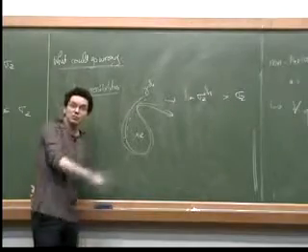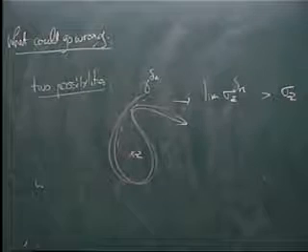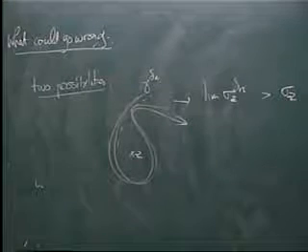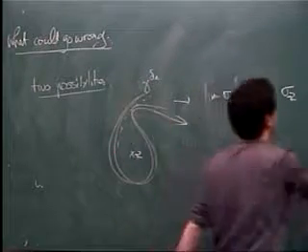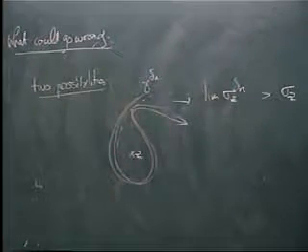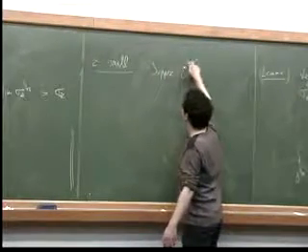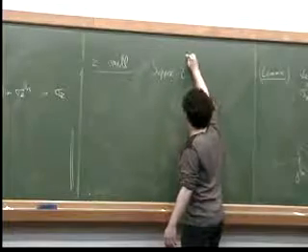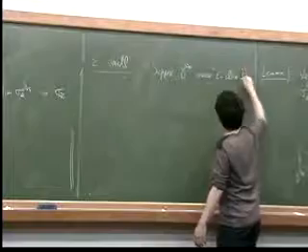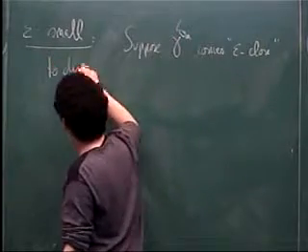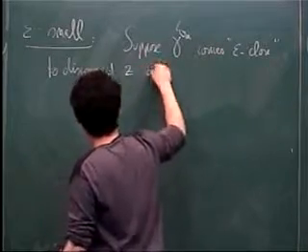So how do you get rid of this? The idea is fairly simple, and it's easier to explain on a picture than to write down the formal statement. So basically take epsilon small. Suppose gamma delta n comes epsilon close to disconnecting z at the given time.